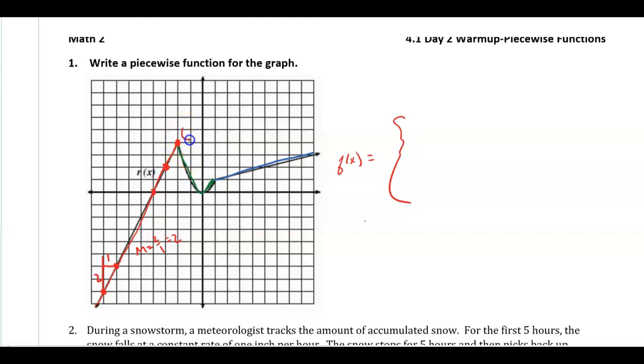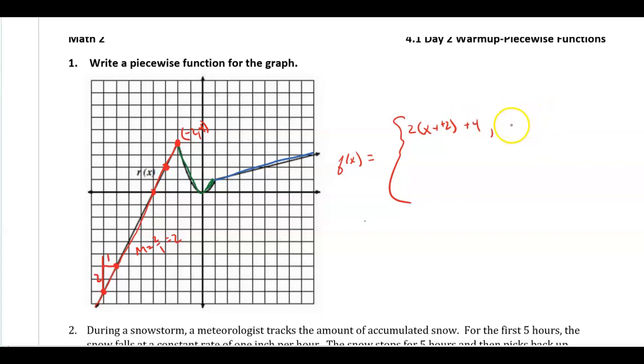I always use this endpoint, which is at -2, 4. So I'm going to write this in function notation, or point slope form: 2 times x minus -2, which becomes x plus 2, all plus 4.